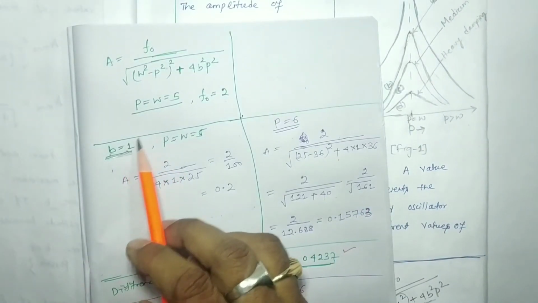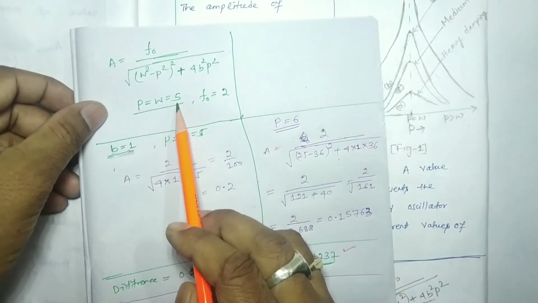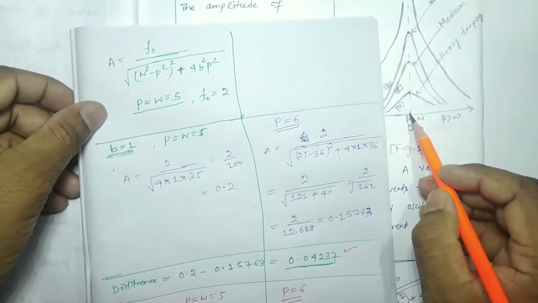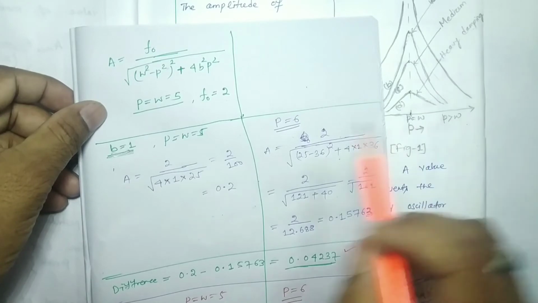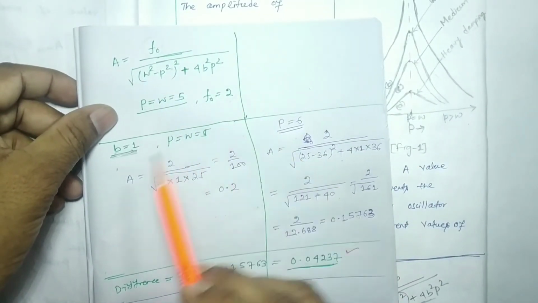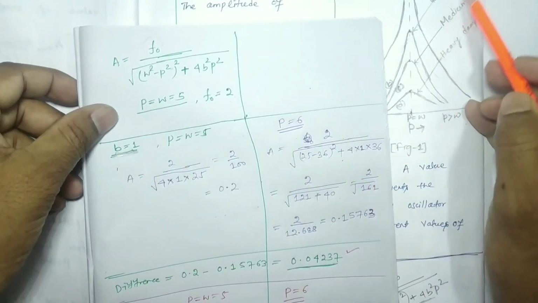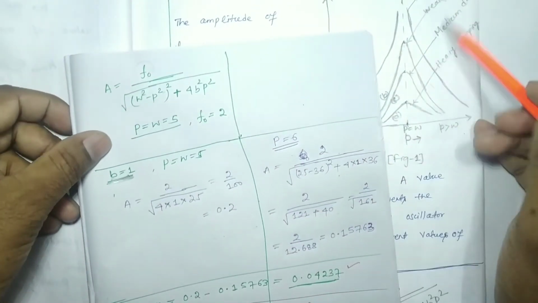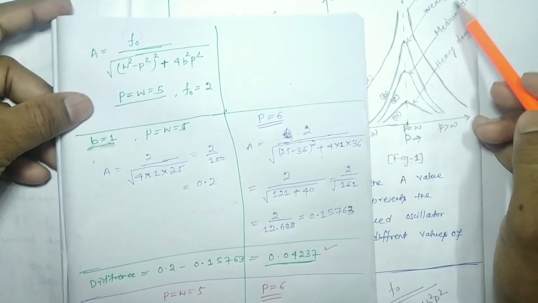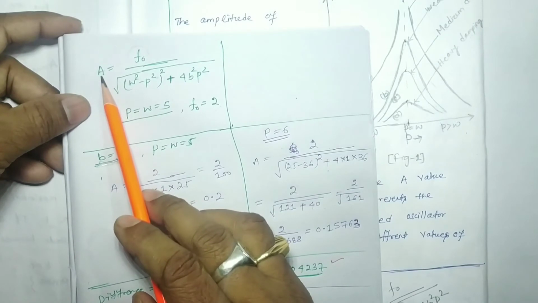Suppose we consider p equal to omega equal to 5, we arbitrarily consider 5, and f0 is a constant, let it be 2. Now we consider b equal to 1. B equal to 1 means you just consider the weak damping. So with b equal to 1, what will be the value of A?